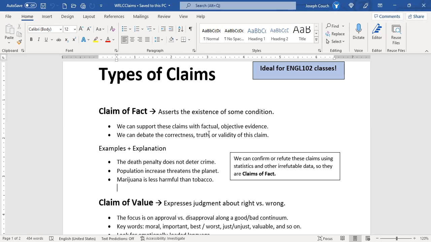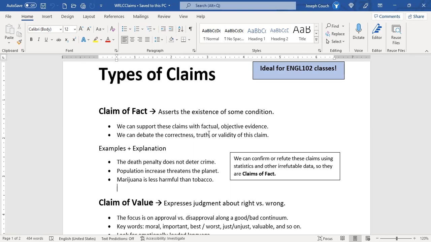And in a number of debates, there might not be a lot of debate on this claim type, but sometimes there very much is. I'm sure we're all familiar with the term alternative facts. That is the rhetorical strategy behind that, not just to irritate people, trying to say it doesn't exist.